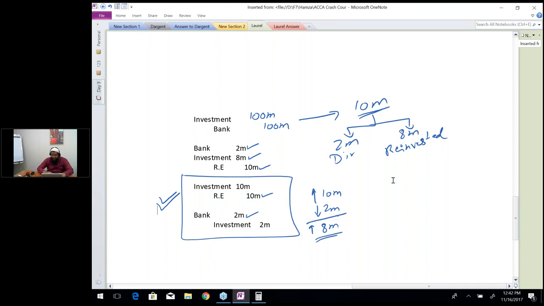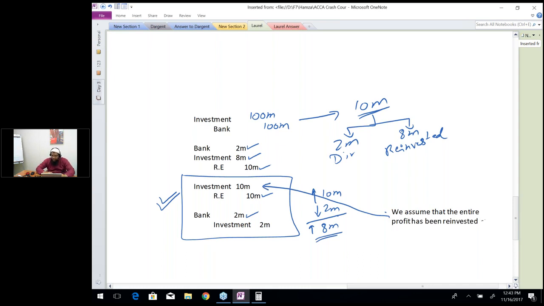I'm writing it again because this is something difficult. We assume that the entire profit has been reinvested. We assume that the entire amount has been reinvested. Therefore, we prepare this entry.